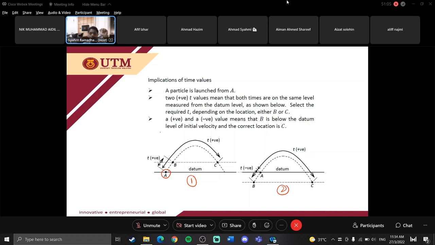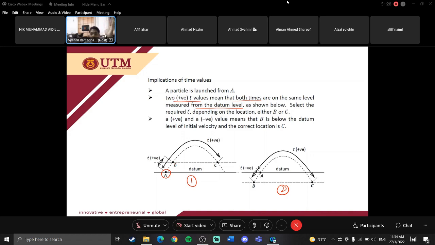The first case: when you solve that quadratic equation, you get both times positive. What does it mean when both times are positive? Both times are on the same level measured from the datum. When you use that quadratic equation, you will get two times.